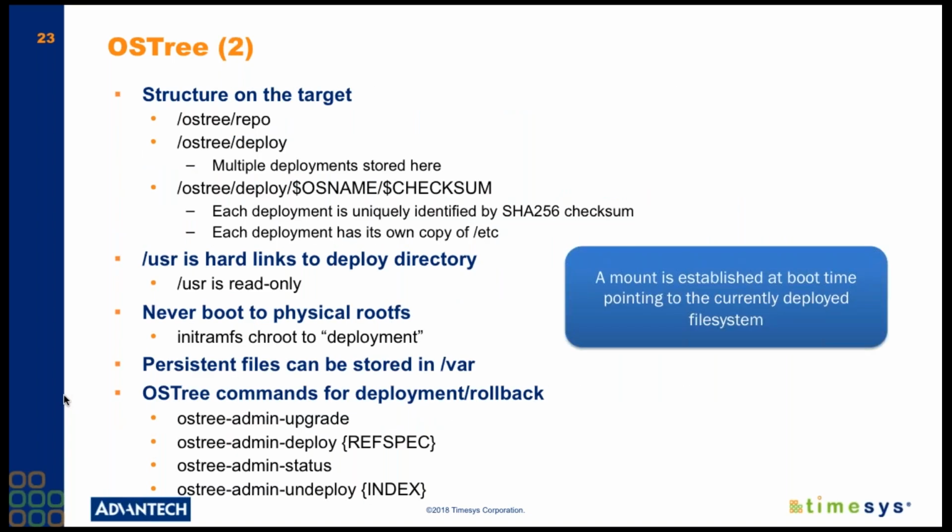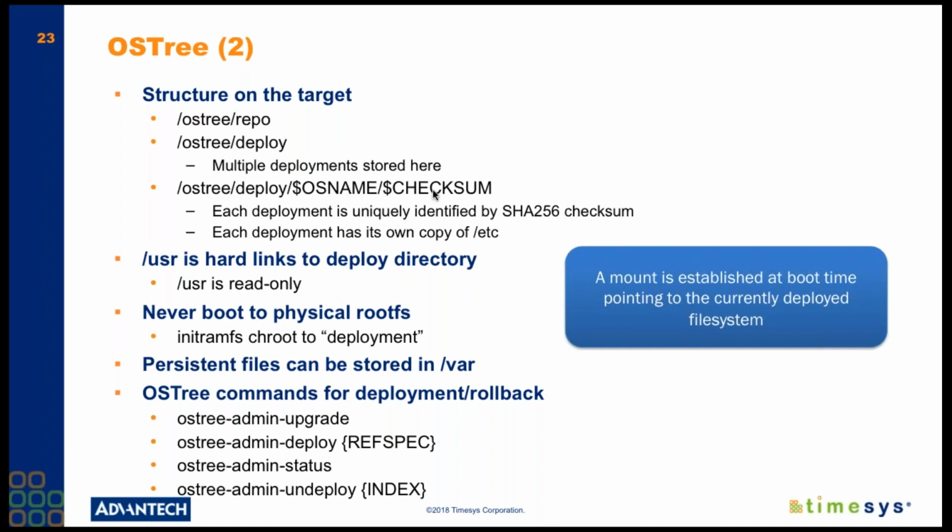When you look at the root file system of a target device, you would see there an ostree directory and a set of folders, repo and also deploy. Under the deploy directory is where you would store the deployments. So if I create a set of deltas in the build process, and I push those deltas to the target device, those deltas would be stored here as a deployment.